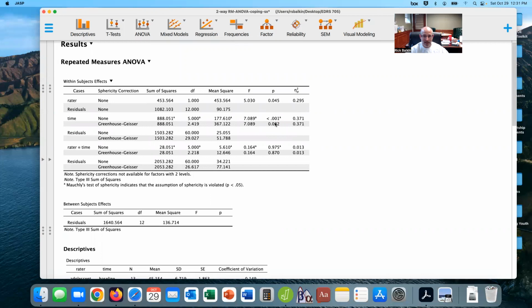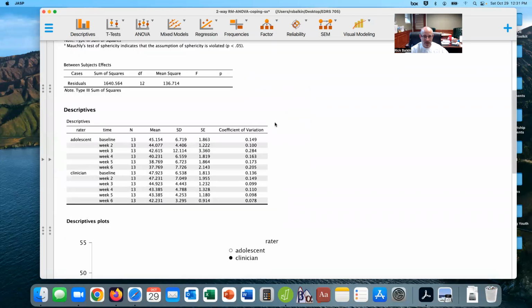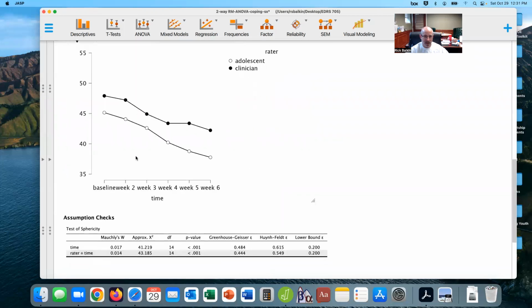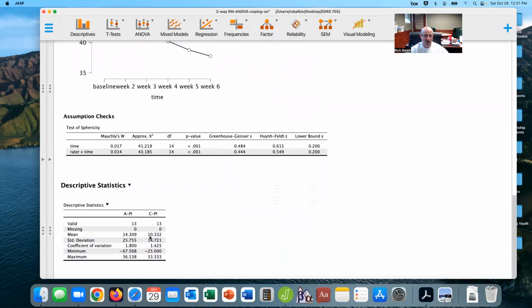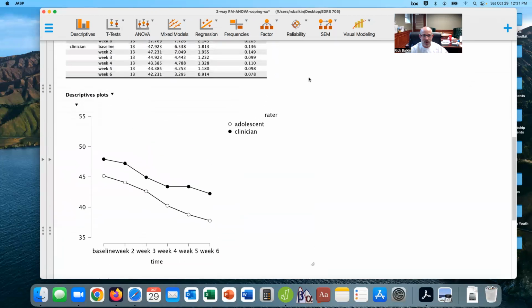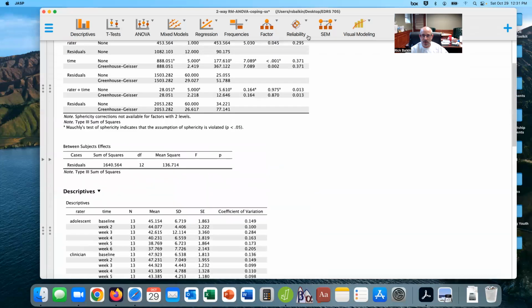We could say that, but looking at the descriptive statistics, you might even say that they're a little bit closer than what we thought. So keeping in mind there's only 13 participants, and so some of these values could be a little inflated. But anyway, that's the analysis for a two-way repeated measures ANOVA.